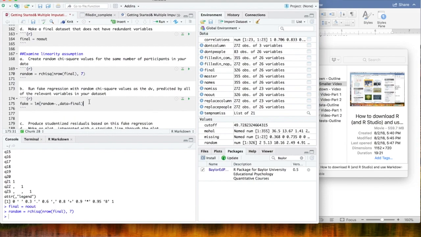So let's run this fake regression, where we're using all of the variables to predict a random DV from the final data set.